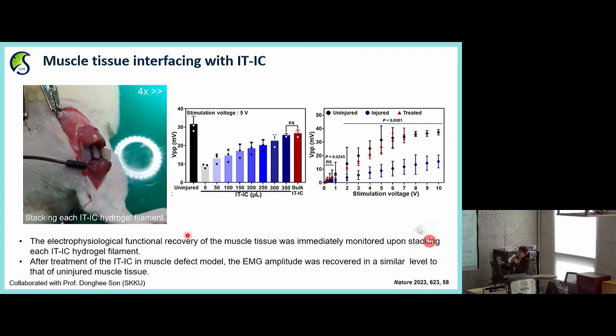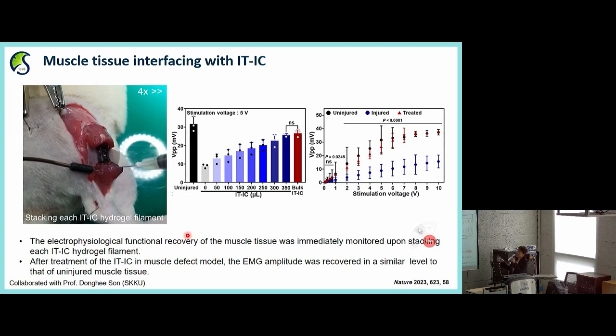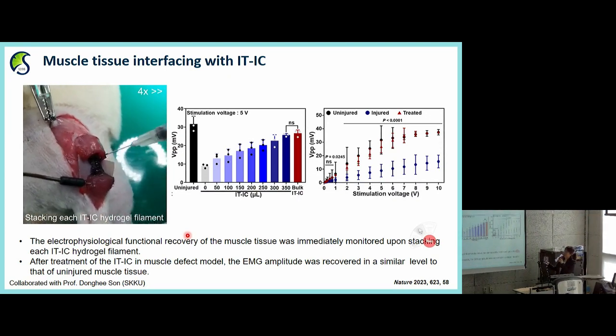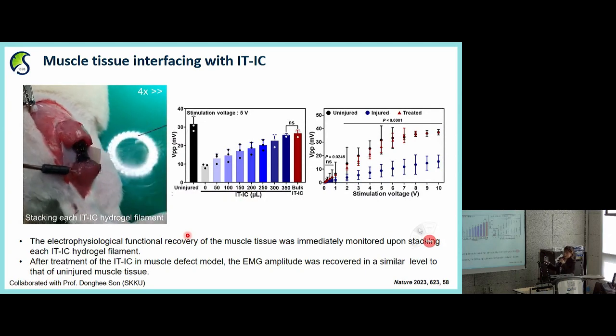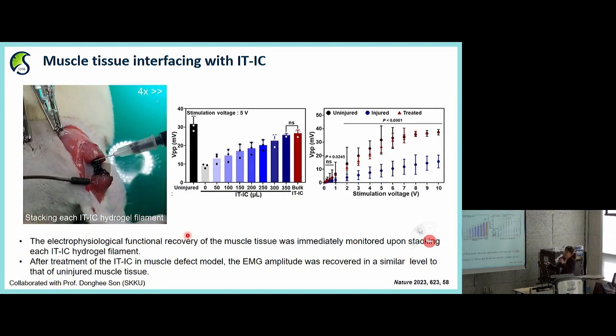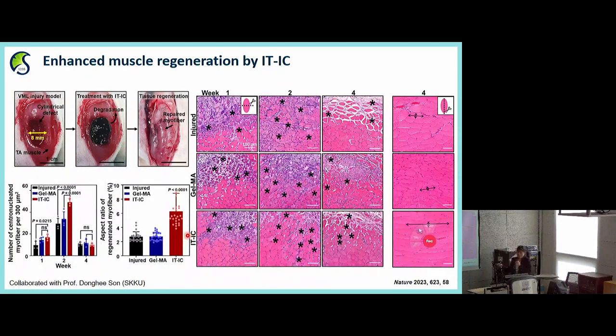After filling the hydrogel into the defect area, the EMG amplitude recovers compared to uninjured muscle tissue. That means our hydrogel can connect electrically between the tissue areas. Based on this result, we want to check the combined effect with the bioelectronics.